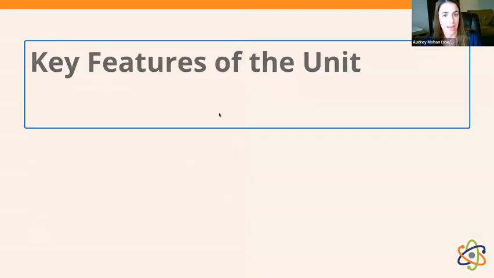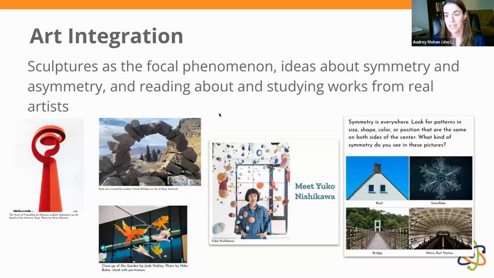Okay, so the first one is obviously the arts integration. I've worked on a lot of OpenSciEd units over the years, and I love this unit's arts integration because once you start seeing balance and kinetic art in this unit, you will start seeing it everywhere in your world. There are lots of artists who create really fun, balanced or moving sculptures.